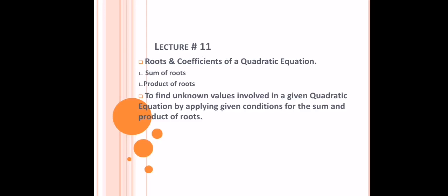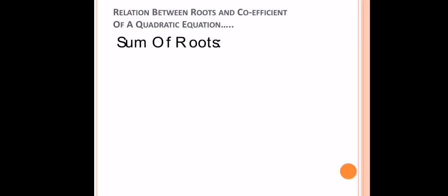So let's start with the first content, that is finding the relationship between the roots and coefficients of a quadratic equation. And for this, first thing which we are going to find out is sum of the roots. As you already know, the solution set of a quadratic equation contains two elements, or there are two roots of a quadratic equation.